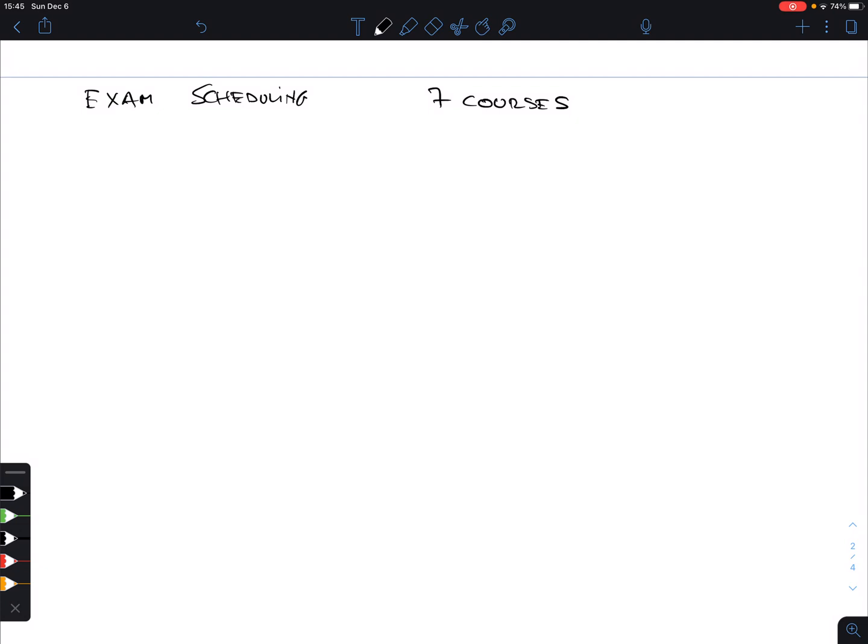Okay, so we have the 7 courses. Let me use the same order that the textbook does, otherwise I'm going to get very confused with my graph. So here, these are the 7 courses.